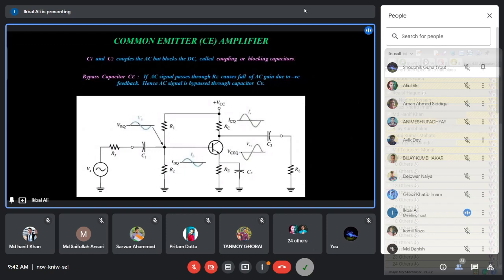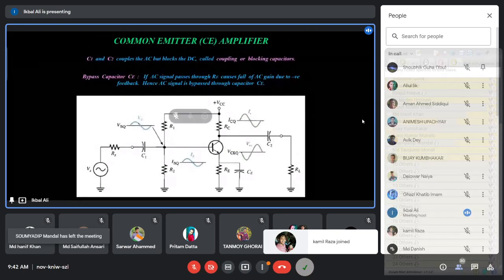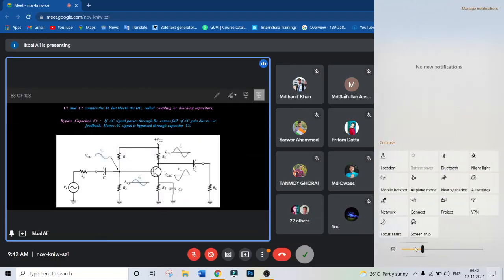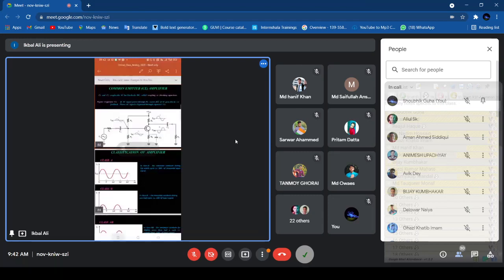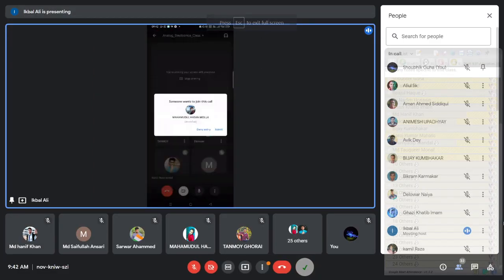I know that you have an idea from the circuit theory class of the maximum power transfer theorem. I hope that you have learned it. What is the maximum power transfer theorem?